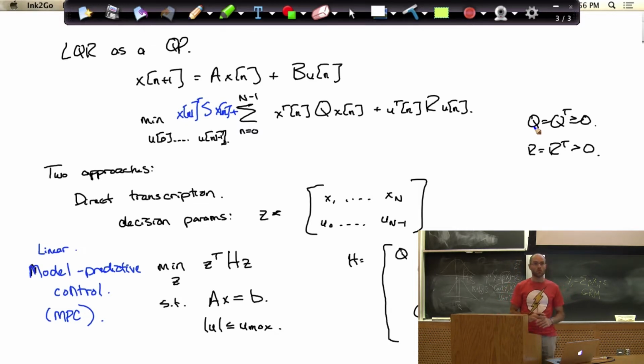Do people have guarantees with respect to the noise that you have in your system? So we haven't modeled noise here. In the LQG case, there are some guarantees if you put in Gaussian noise assumptions, and we'll talk about that soon.